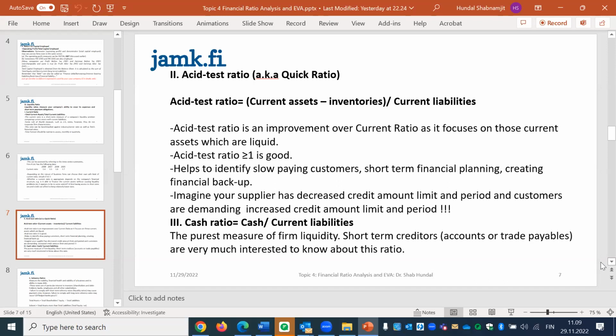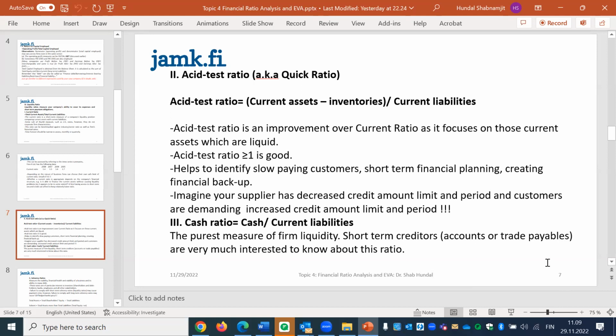I can transfer my bills to the bank, and the bank will make me payment instantly, no problem. So the convenience in terms of speed and less loss of value makes an asset liquid or less liquid.